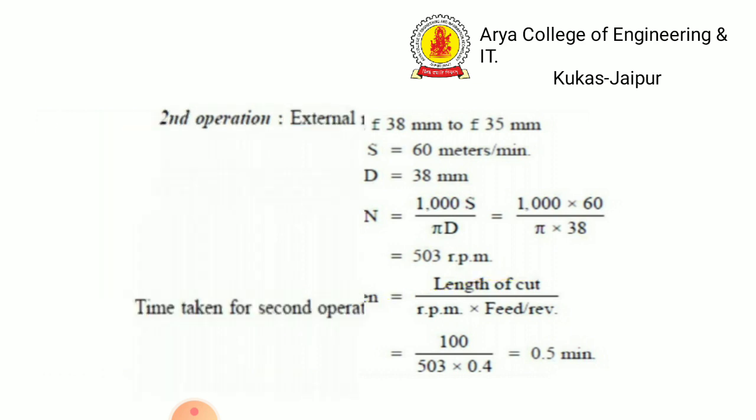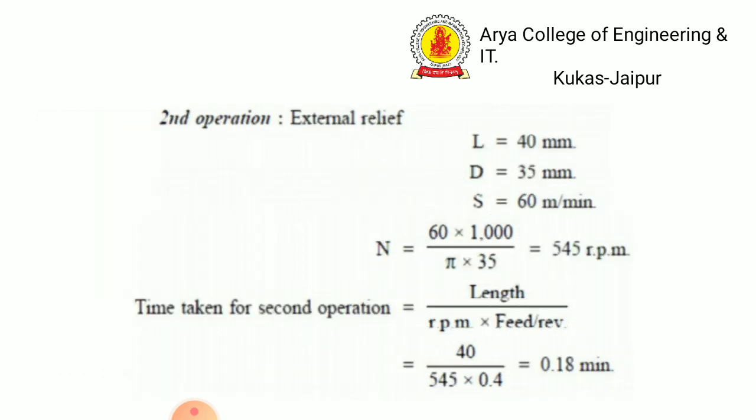Now in the second operation, the external relief, L equals 40 mm given, D equals 35 mm and S equals 60 meters per minute. These three dimensions are given in the question. So now we also calculate N for the second operation. N equals 60 times 1000 divided by pi times 35, since D equals 35.